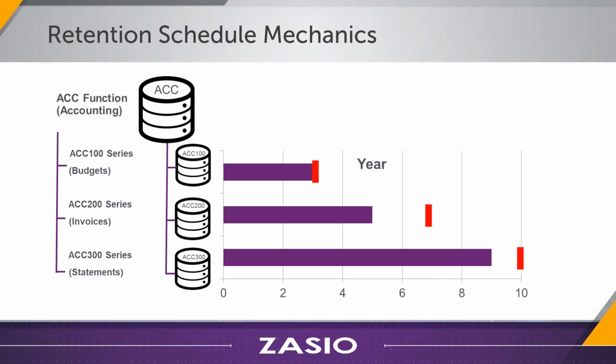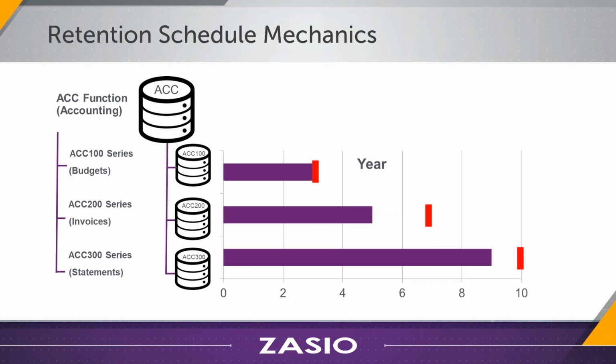We have retention periods for each one of these, which I've represented with a red bar. On this chart, those red bars are at about 3 years for accounting 100, 7 years for accounting 200, and 10 years for accounting 300.